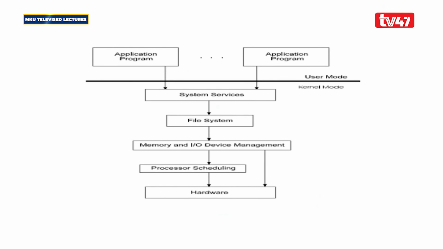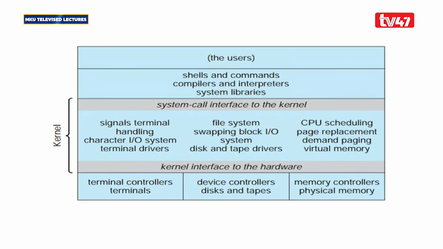We have an example given to us here where we have the kernel mode with the different OS structures here, and the user mode with the application programs that we have. So the operating system is here, and these are the application programs. Then here we have the kernel and the different operating system functions.